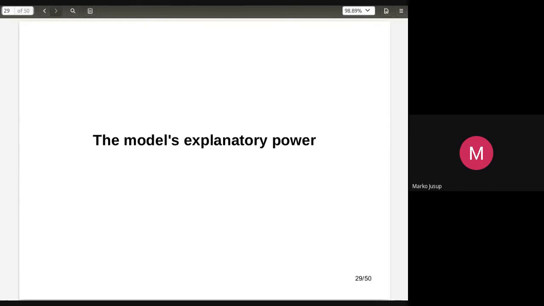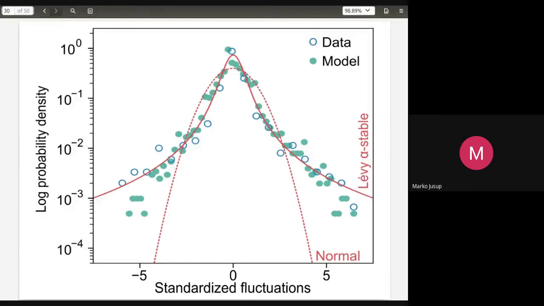And then we say, okay, do we really have a model that has some explanatory power, that really is, in a statistical sense, such that model signals and empirical signals actually match. Again, it's in a statistical sense. So we can look at stuff like this, for example, the distribution of the fast fluctuations that I just showed to you.